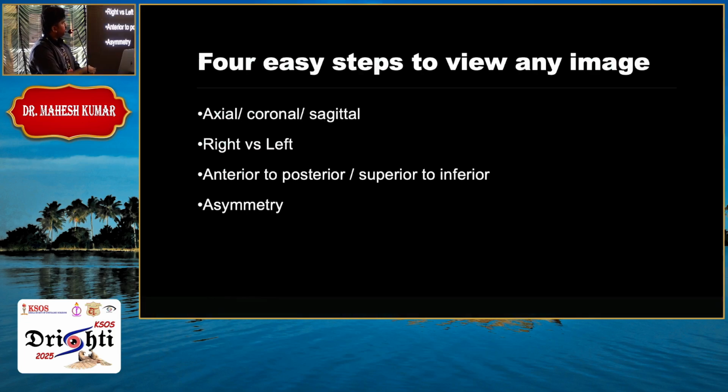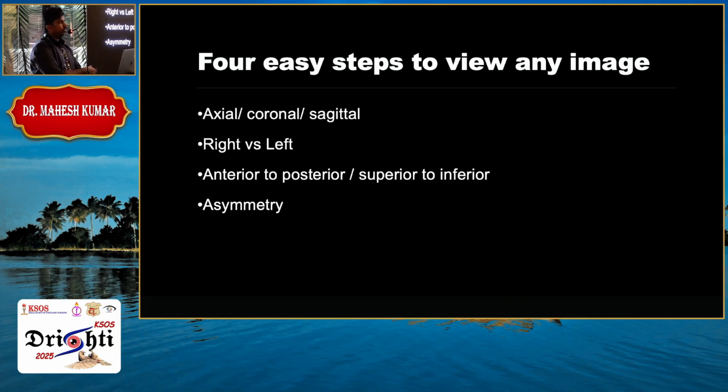So, four easy steps to view any image. First, you have to know what you are looking at: are you viewing an axial image, a coronal image, or a sagittal image? Once you know the axis of the image, you have to know which is right and which is left. After that, you have to read any image in a particular direction and not randomly search for any positive finding.